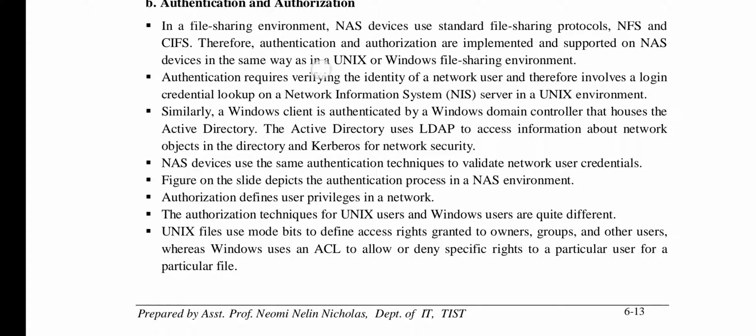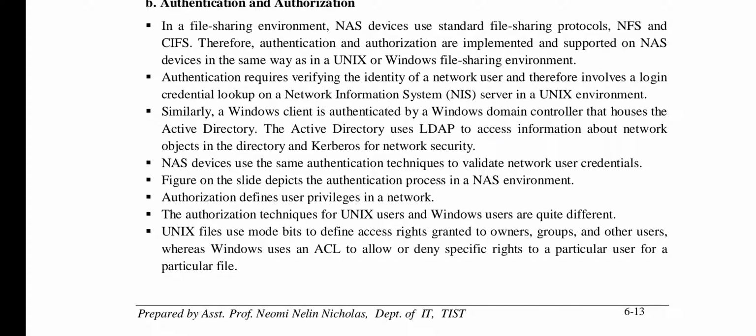Of course, authentication and authorization has to be implemented in Unix or Windows. Authentication requires verifying the identity of the user, looking into the credentials in the Network Information System in a Unix environment. In a Windows environment, the Windows client is authenticated by the Windows domain controller.